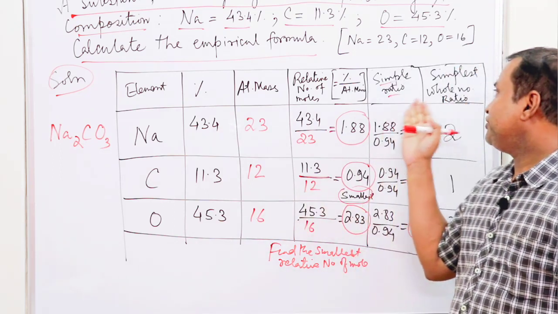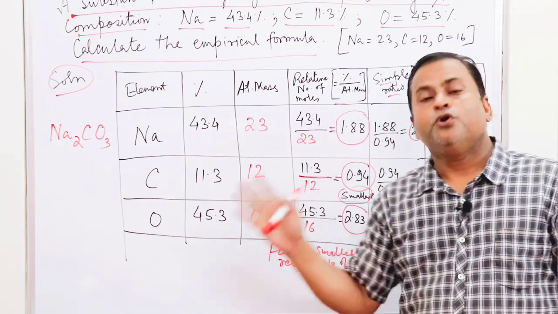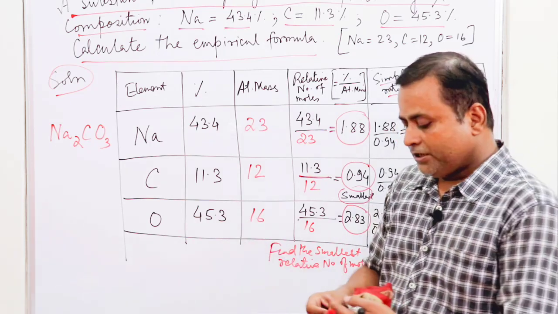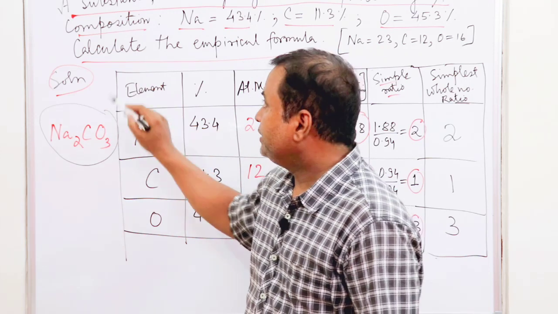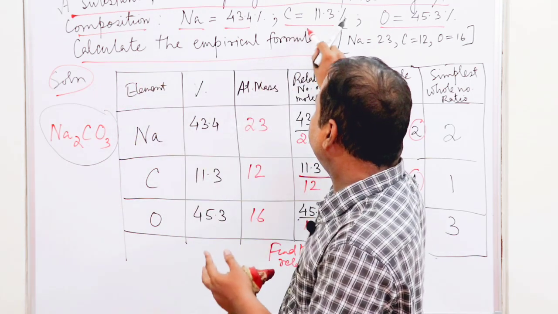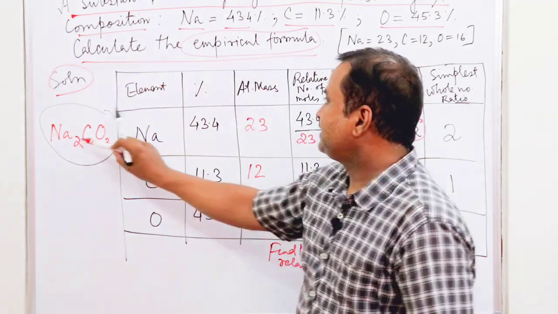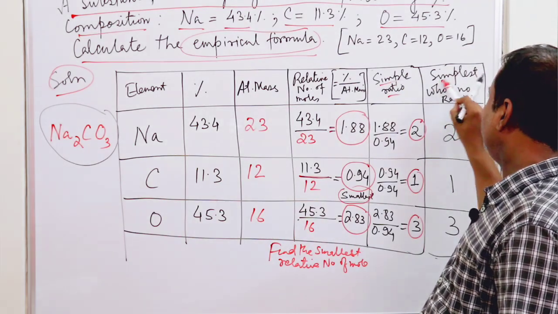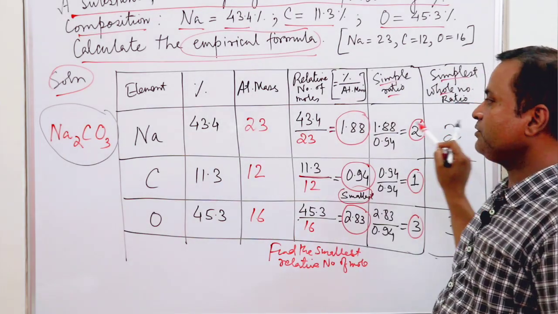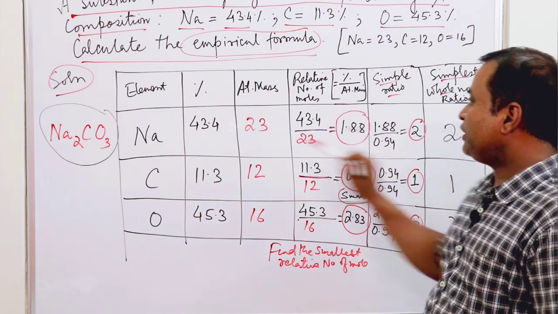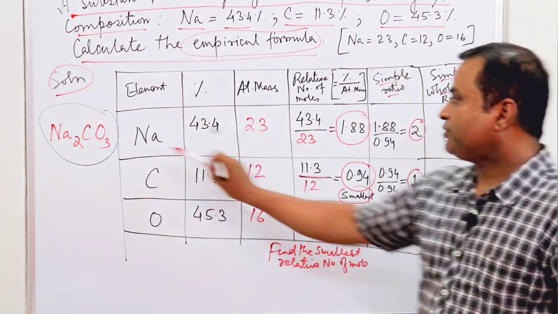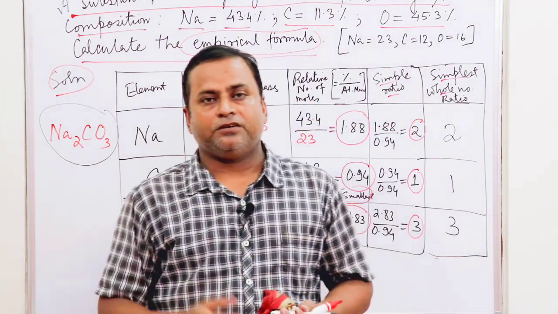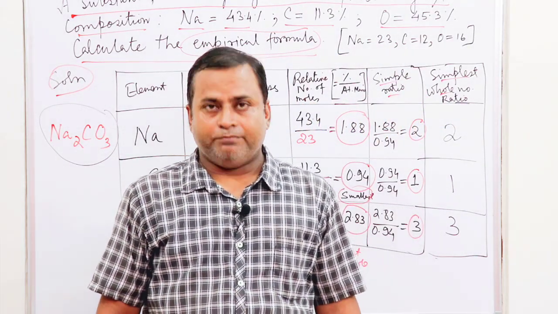So here simple ratio and simplest whole number ratio are both the same. So finally we get the empirical formula. The simple whole number ratio gives us the number of atoms: 2 atoms of Na, 1 atom of carbon and 3 atoms of oxygen. So in this way we can find the empirical formula.